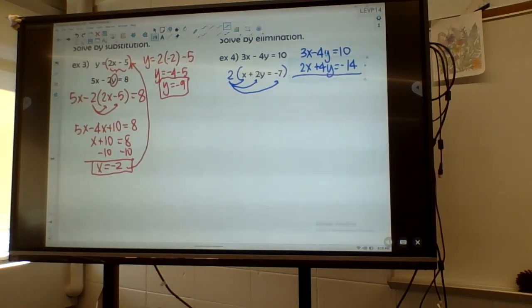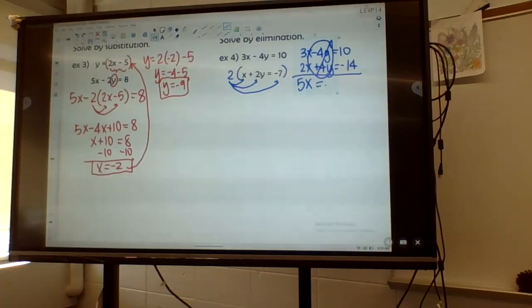So now we're ready to add these equations together. And when we do that, the y's are going to end up canceling. But I'm going to add the x's, so 3x and 2x is going to be 5x. The y's again will cancel. 10 minus 14.